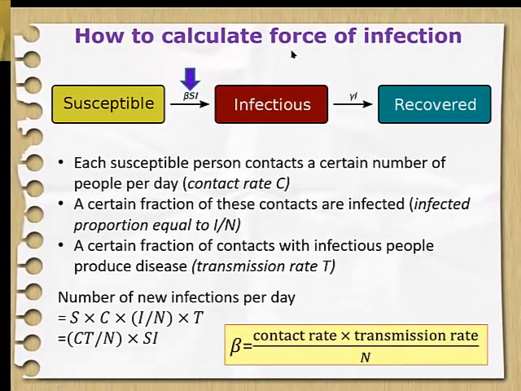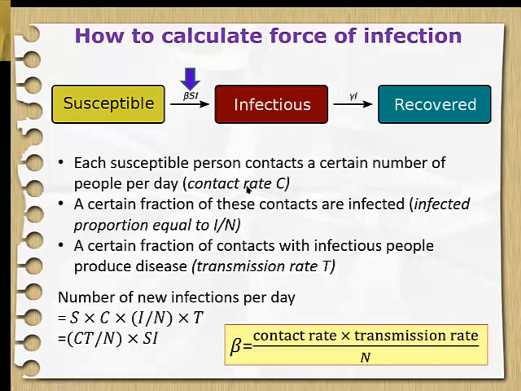So how to calculate the force of infection? I want to have some idea how to calculate these parameters. Now S and I, I would be able to get from the number of susceptibles in the population, and also the number of infectious. But what is beta? How do I compute this beta? So think about the situation this way. Each susceptible person contacts a certain number of people per day on the average.